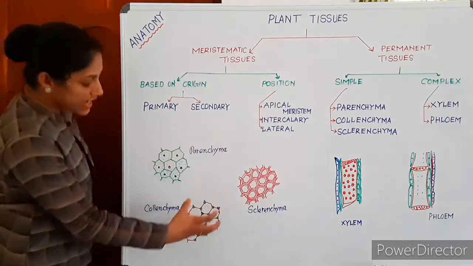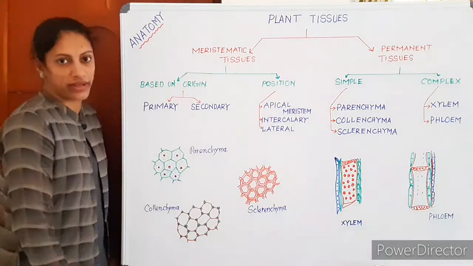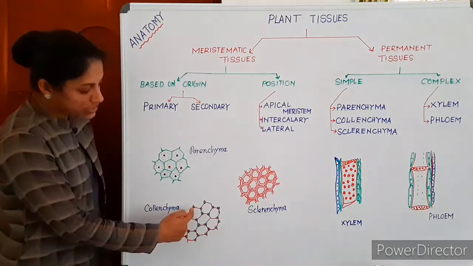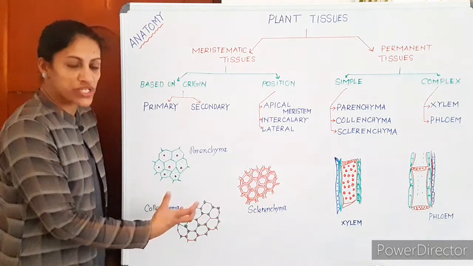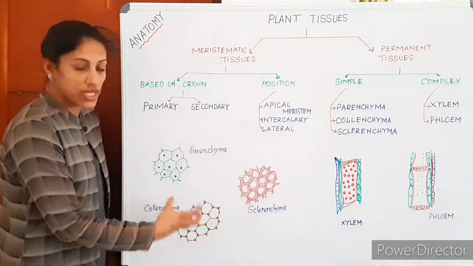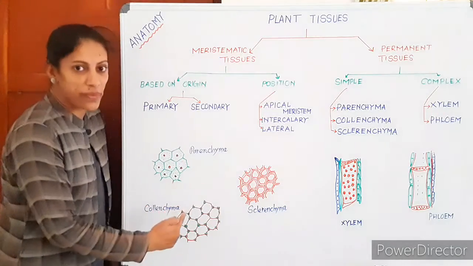Whereas collenchyma we can say is a modified parenchyma. The cells may be living earlier, but towards maturity they are dead cells with no content. So collenchyma is a modified parenchyma.